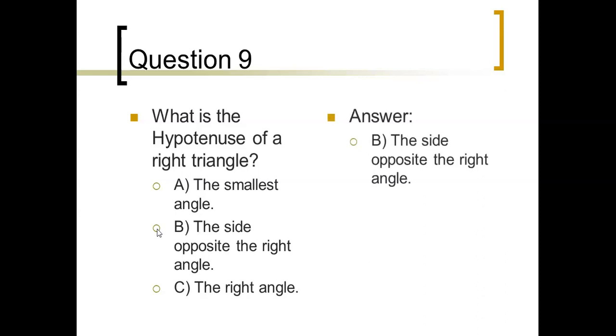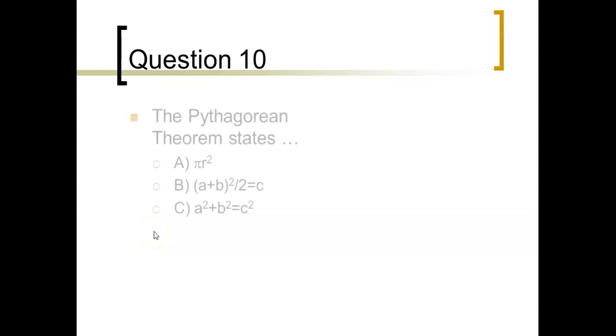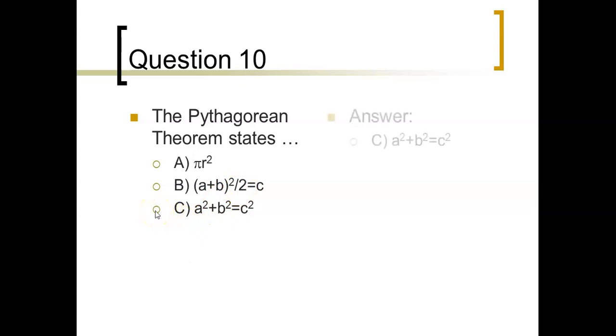So let's look at question 10. The Pythagorean theorem states that A, pi r square. This is not correct. Option B is also not correct. The correct option is option C, right? Which is A squared plus B squared equals C squared.